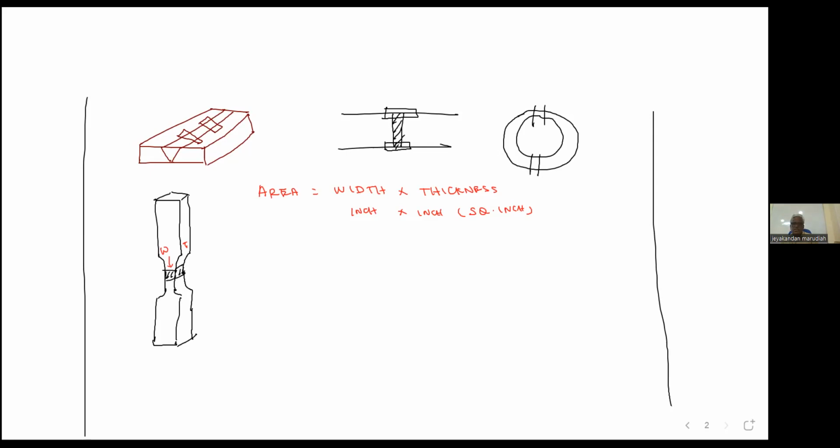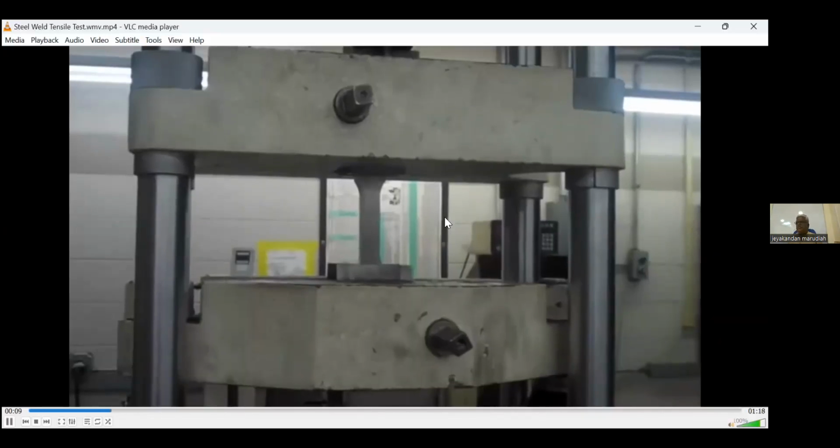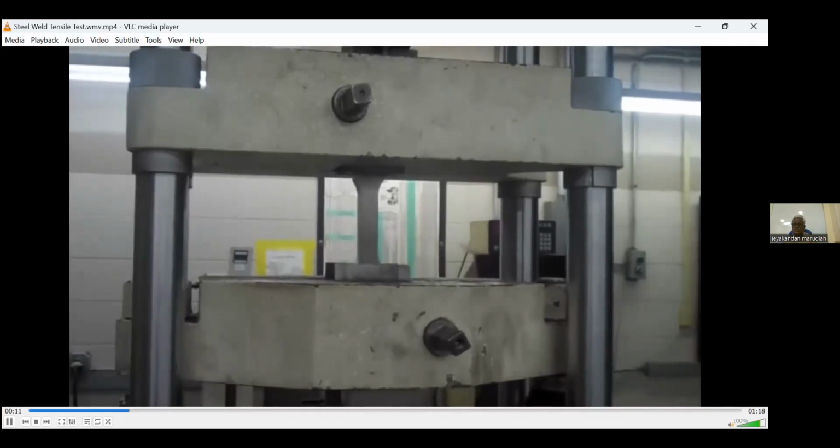So this is how the tensile test is done. They will pull it to break.